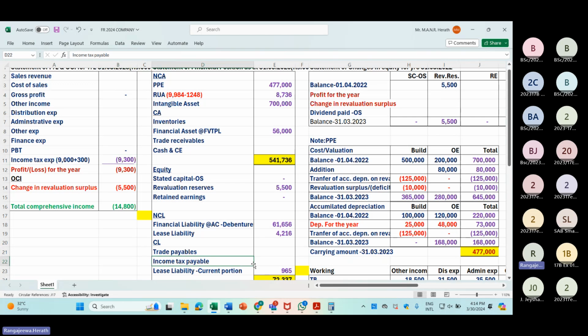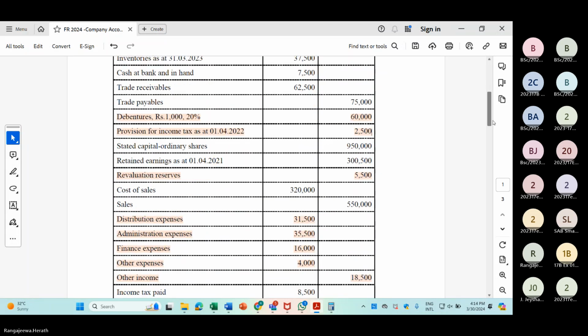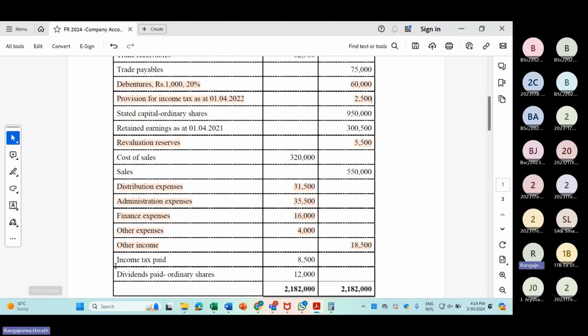Tax payable liability out of the 9,000. How much have we paid during the current year? Tax paid 8,500 payment. But this 8,500 includes 2,800 for the last year.